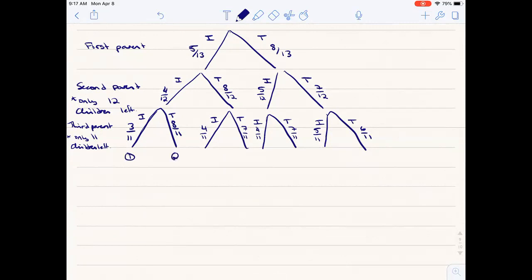I'll just label them 1, 2, 3, 4, 5, 6, 7, and 8. What I want you to do is go through and do those on your own, and then that's where we'll start. I'll give you those at the start of next day. Won't sit here and calculate them.